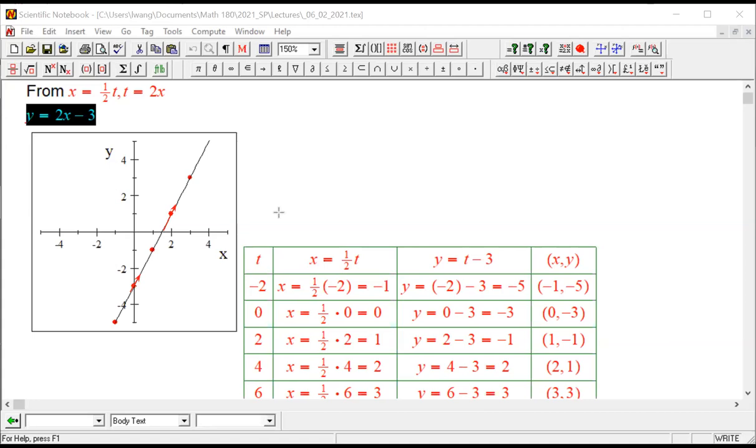Got it? Do you want to try one? I'm going to choose one for you. Ready? All right, so let's do something more interesting.